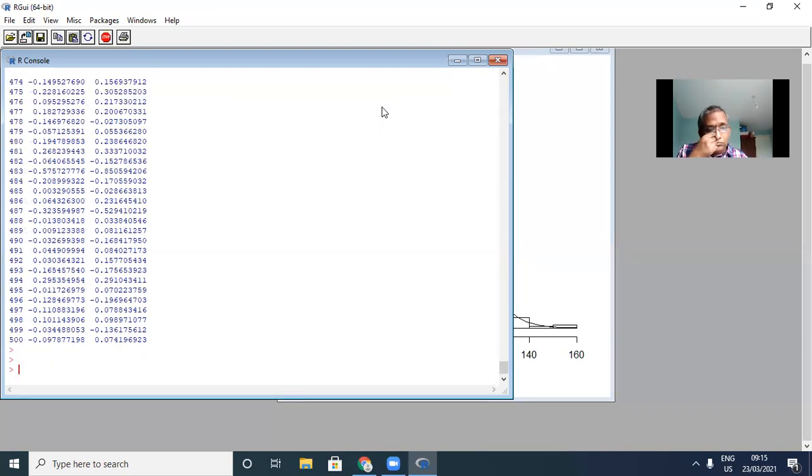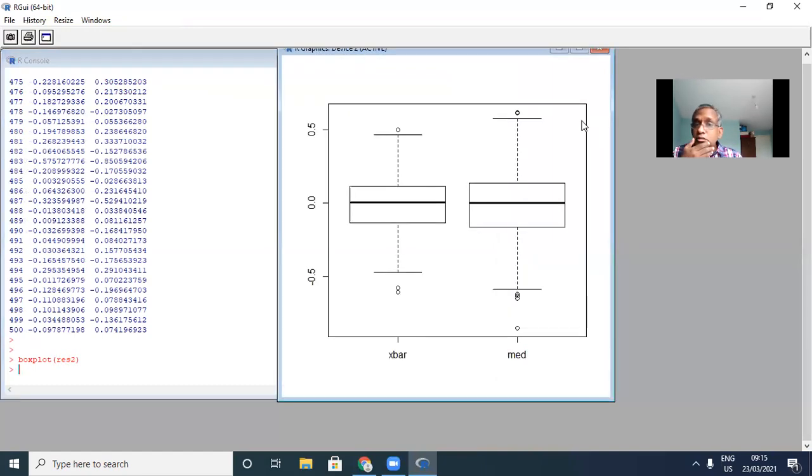Okay, now if you do a box plot of res2, this is what you will see. As you see, there are two box plots here. The first box plot is for the 500 values of the sample mean, and the second box plot is for the 500 values of the sample median, right?